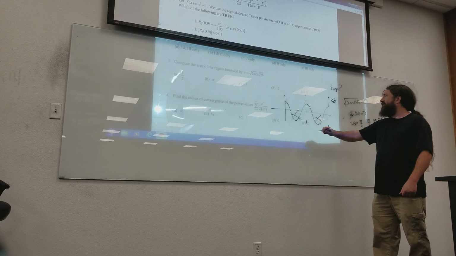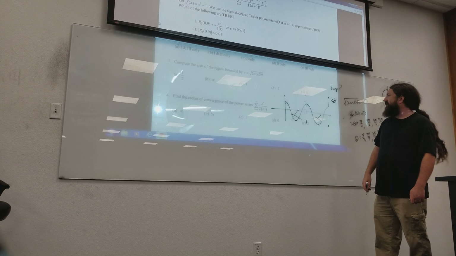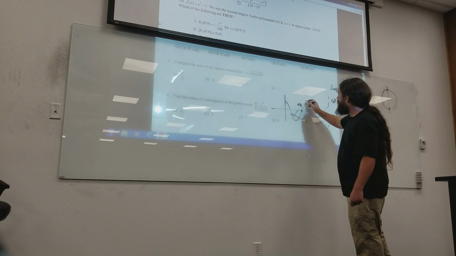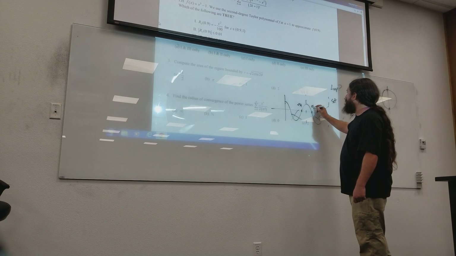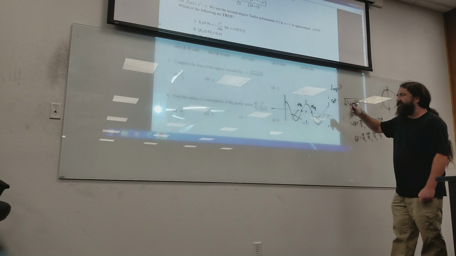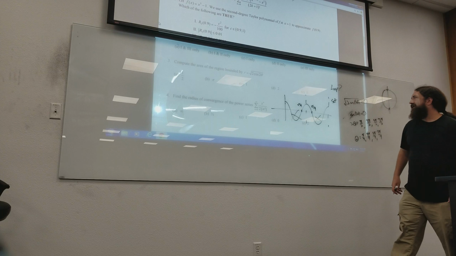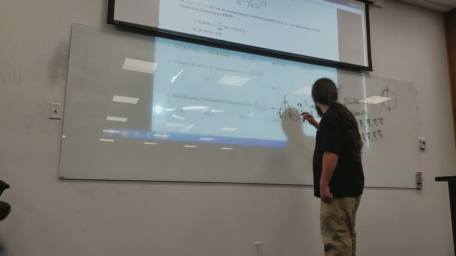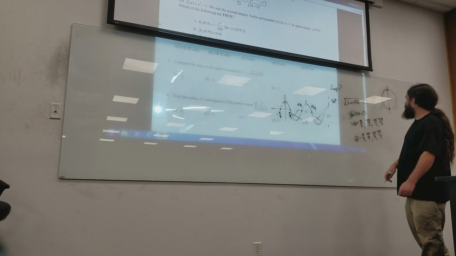That part and that part, right? I never touched that, but in between 3 pi over 4 and 5 pi over 4, that's going to give me a loop, right? And in between negative pi over 4 and positive pi over 4, that's going to give me a loop, right?